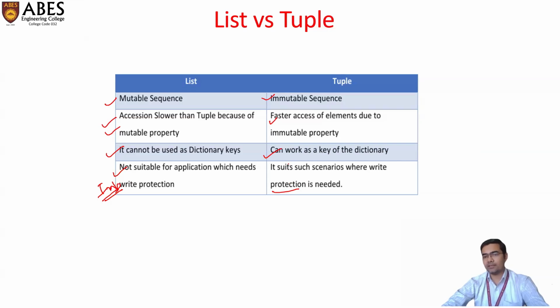So if we apply protection on any given data item, so that it cannot be updated or changed, it can be achieved only with a tuple. So if you require such a scenario, then you can use the tuple instead of list.